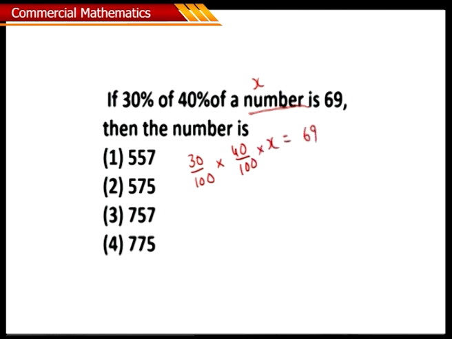What we have to find? The number. The number already we took x, means simply this is an equation in one variable, we have to find x. So here this 0 we can cancel, and x is equal to 69 into 10 by 3 into 10 by 4.